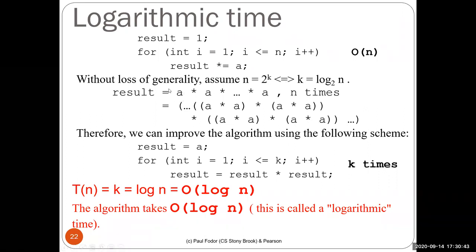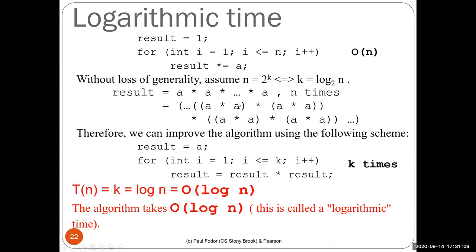If we can group the a's in this way, then we can write a better loop, a loop that iterates from i equal 1 to k, where k is the logarithm base 2 of n, where the result, which was initially initialized with a, is set to the result multiplied with the result. So when the result is a, it will multiply a with a.